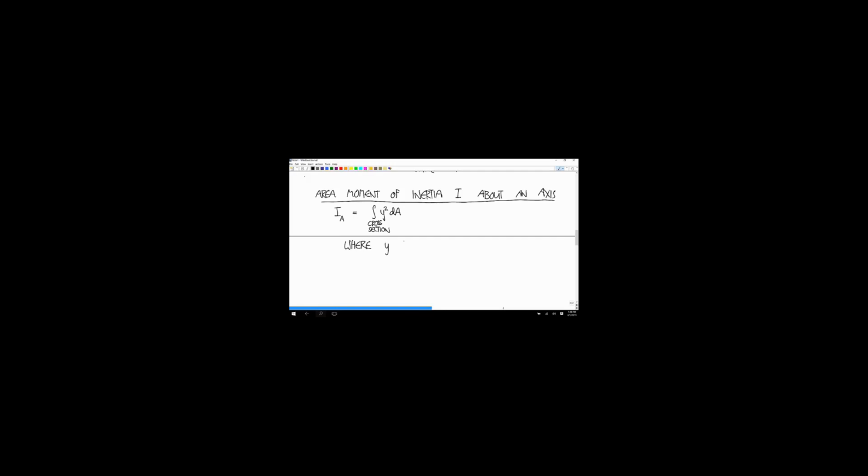where, let me say this differently, where the origin is on the axis A. For us, the axis A is going to be the neutral axis.